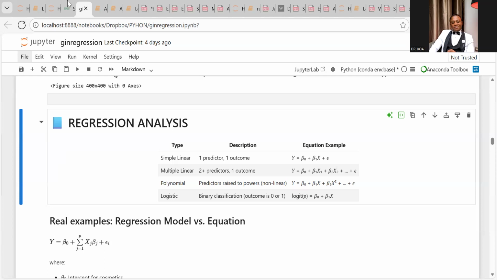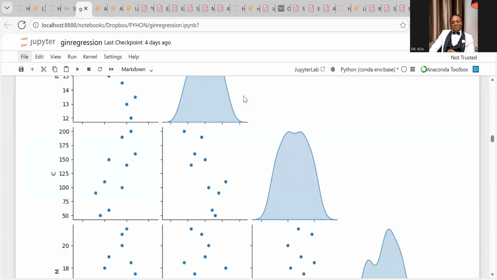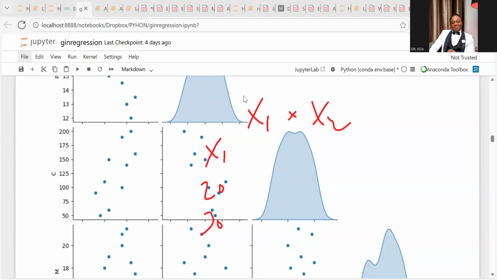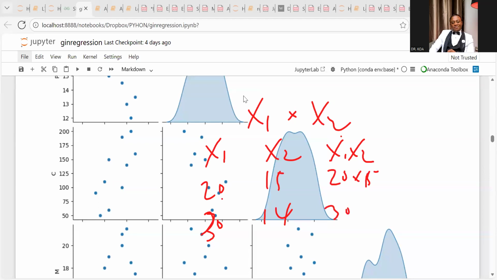So you can have interaction factors like X1 and then X2, then you multiply the two of them. At first you had X1, then you have 20, 30, and so forth. Then you have X2, which is 15, 14, and so forth. Then you now have X1 times X2, where you multiply the 20 by the 15, and the 30 by the 14, and you create a new variable.